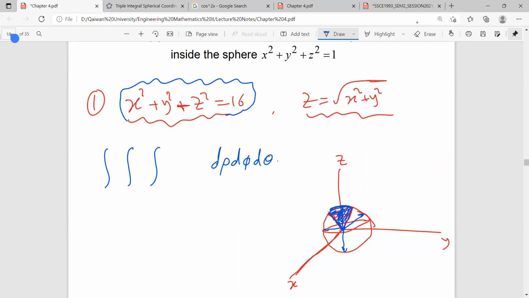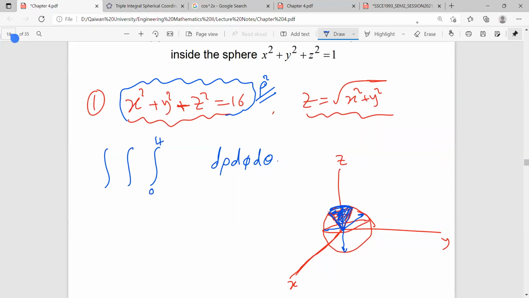That means this is rho squared, and rho is 4. That means rho goes from 0 to 4.